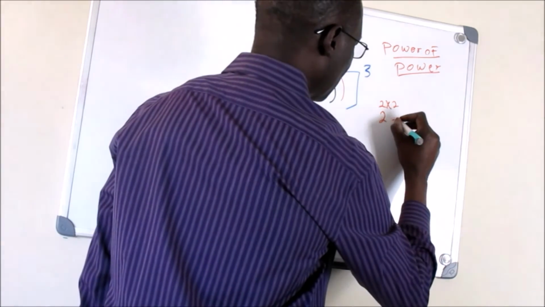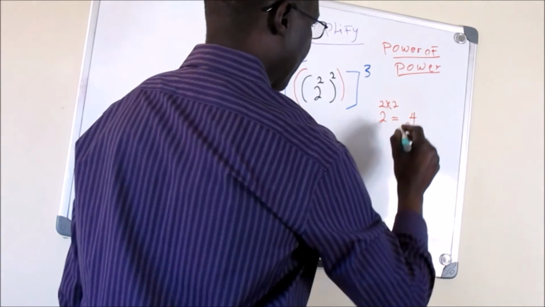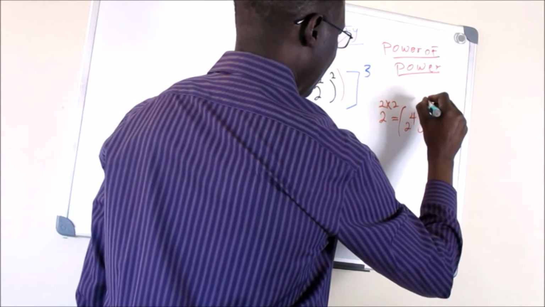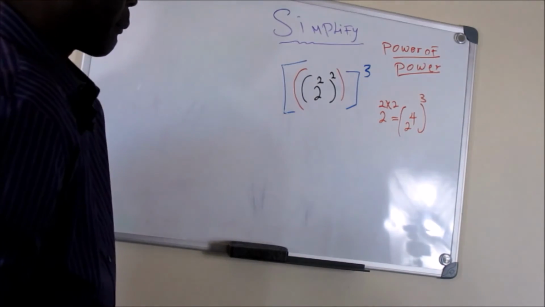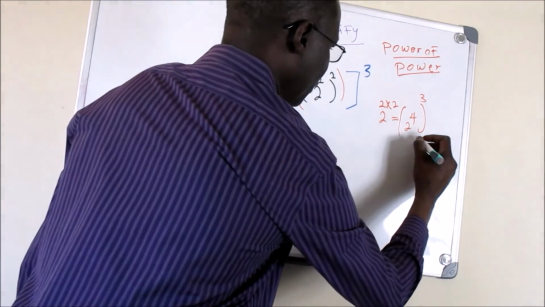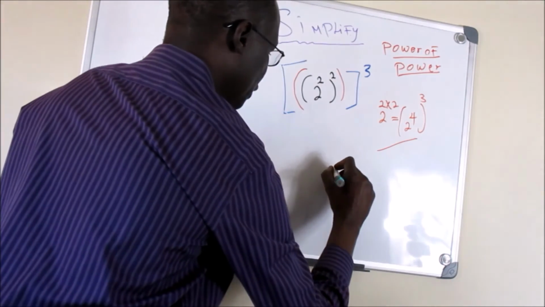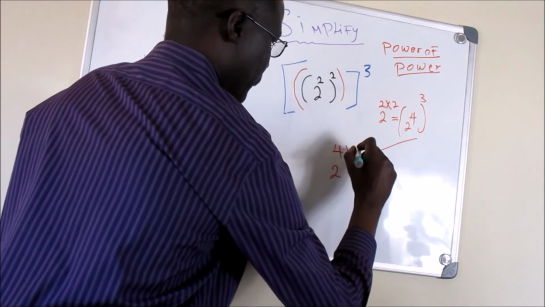So this one is going to equal 2 power 4. And then you still have 3. Alright? So this one is going to come down, it's going to be 2 power 4 times 3.